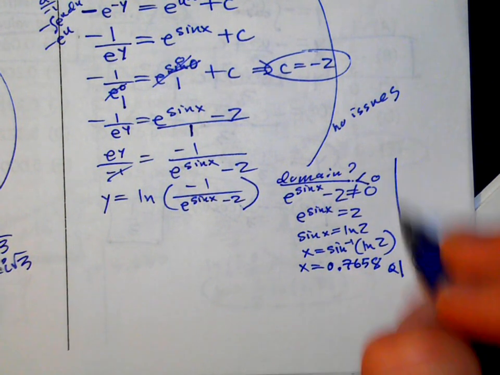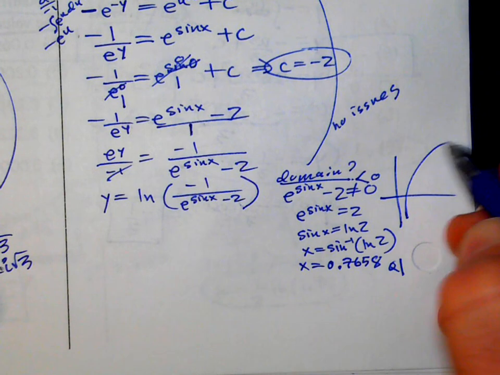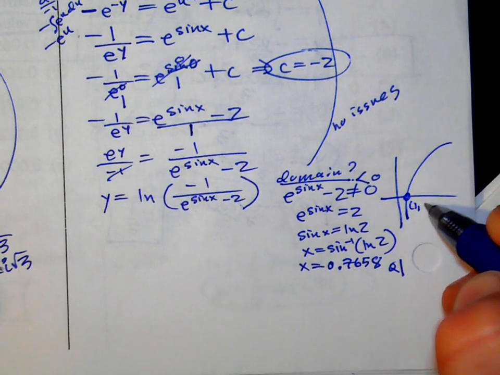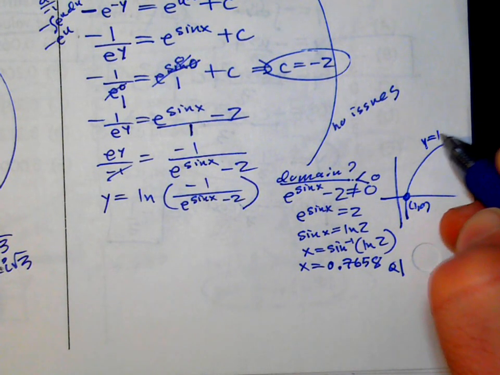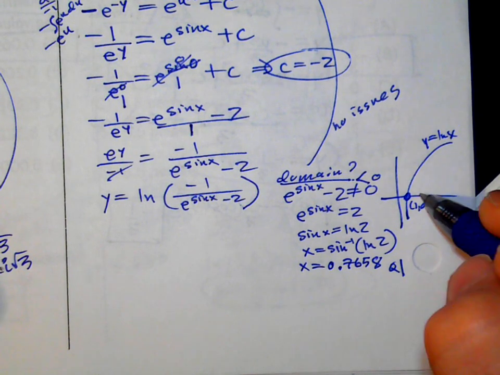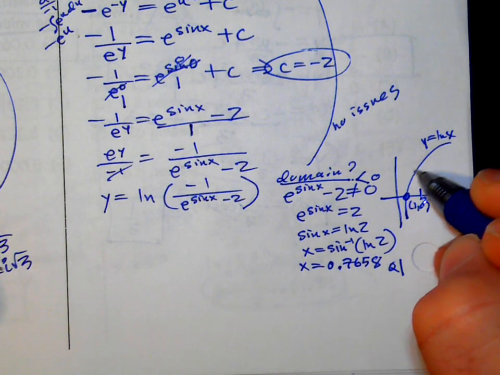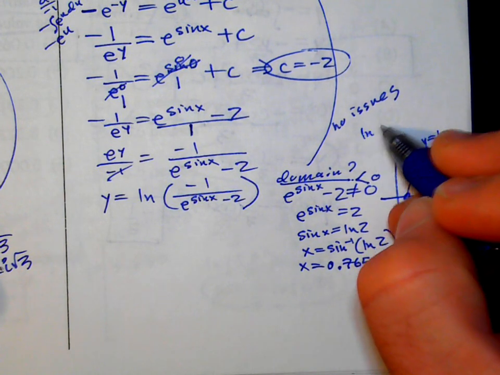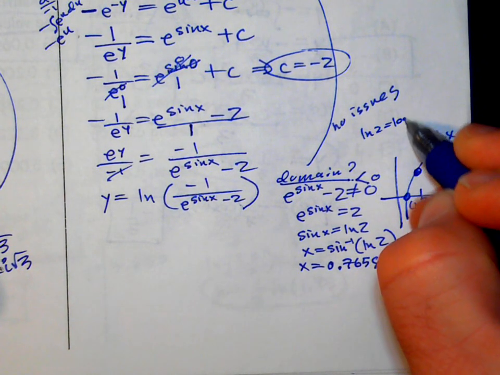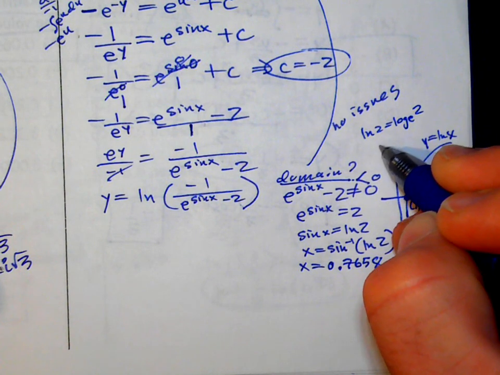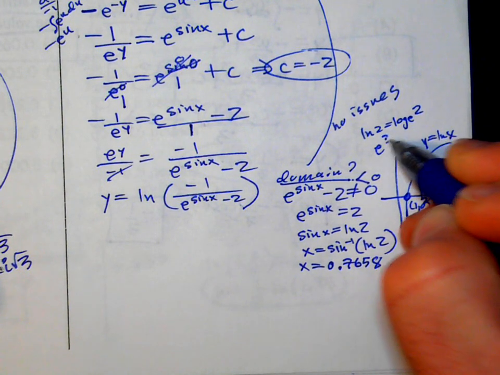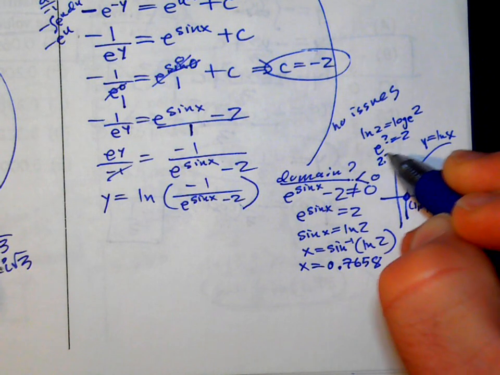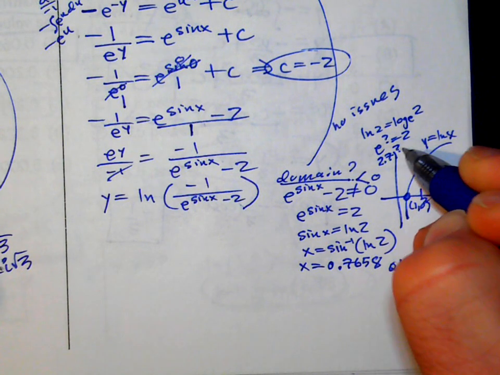Natural log of 2, by the way, this is a good way to estimate it. This is 1, 0. This is the natural log graph. So natural log of 2 is like here. Also, natural log of 2 is log base e of 2, which is asking you, what do you raise e to get to 2? And e is 2.71. And so what are you raising 2.71 to get to 2?